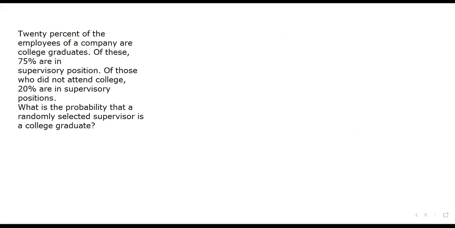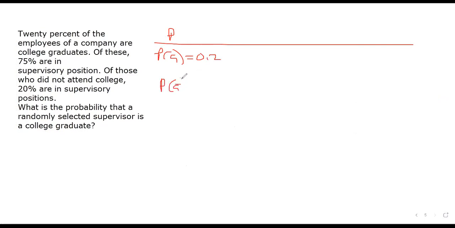So in this table, the first column is what? Probability. So we have probability of what? 20% are graduates. So graduates are 20%, so 0.2. Meaning those who are not graduates are what? 80%, 0.8. All together. And we got a conditional probability.